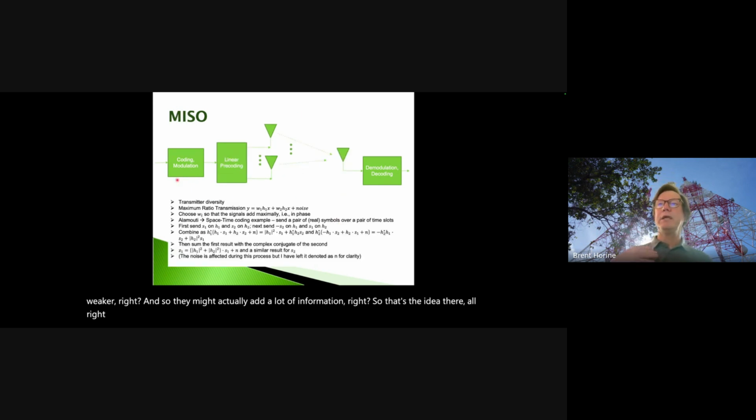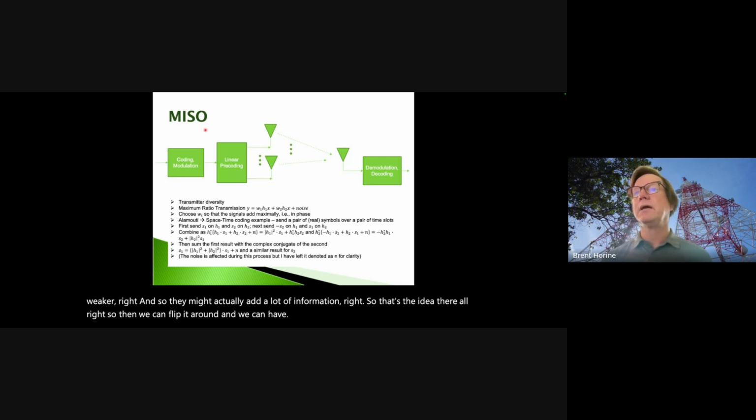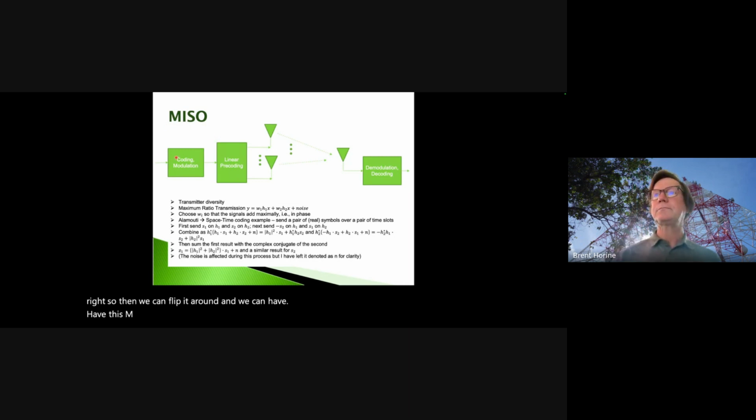All right, so then we can flip it around, and we can have this MISO approach. Actually, did I move that to a different slide? Maybe I left it on this one.